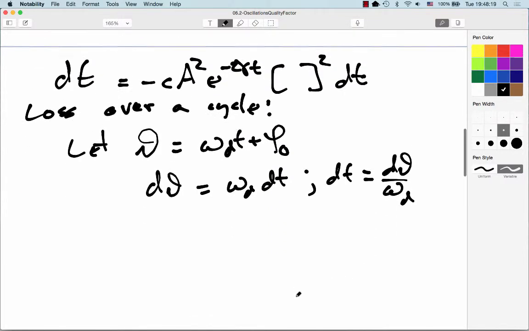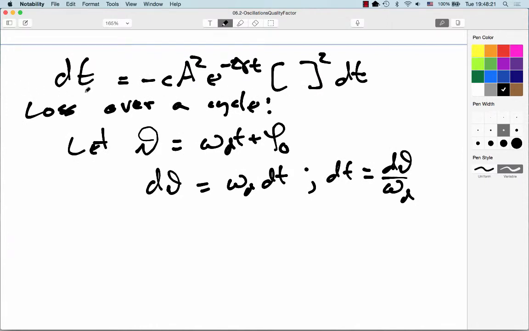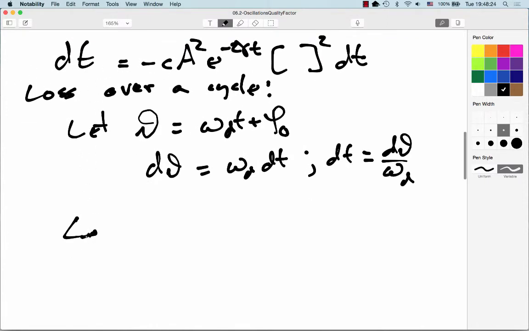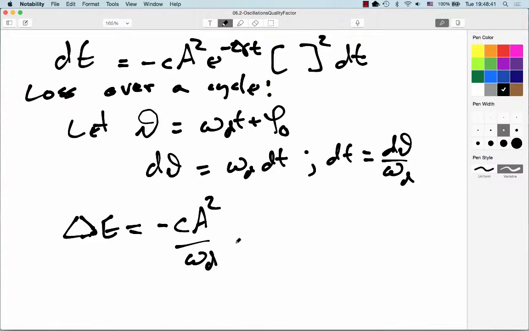All right, so integrating the left-hand side of this over the interval is just going to give me delta E, which is what we're trying to find. And for the right-hand side, we can pull some constants out, so let's do that. We're going to get a minus C a squared. When I put in the dt, I'm going to get an over omega_d. And everything else depends on t. So we'll have integral 0 to 2 pi d theta.